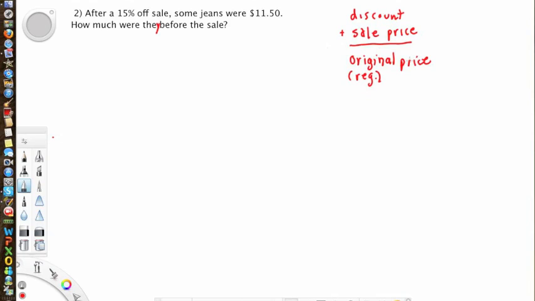Okay, and that makes sense, because if you have the original price and you take the discount away, that would be sale. So another way of looking at it is the regular price minus the discount will equal the sale price. Okay, so we know all of this.